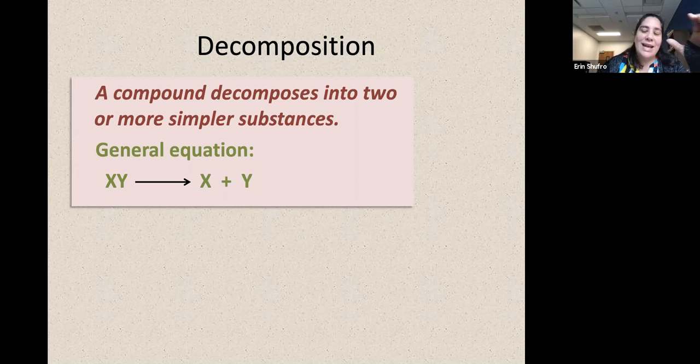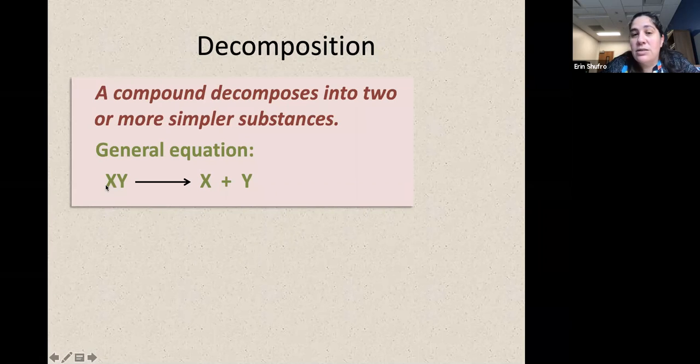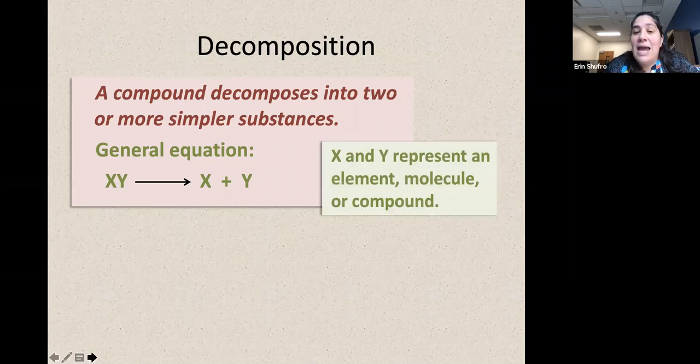The general equation always looks like this: one reactant breaking down into its parts. Again, X and Y represent an element, molecule, or compound.